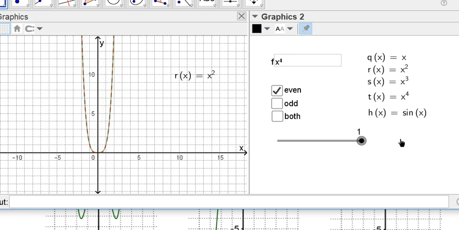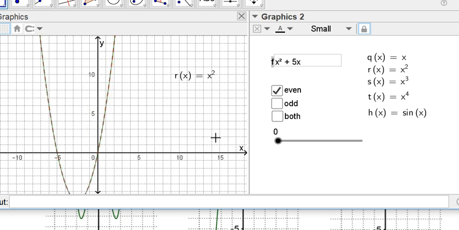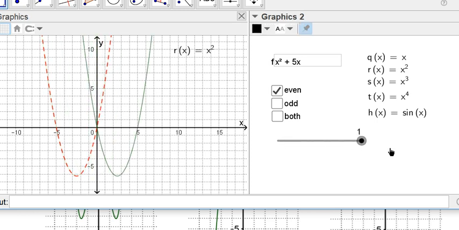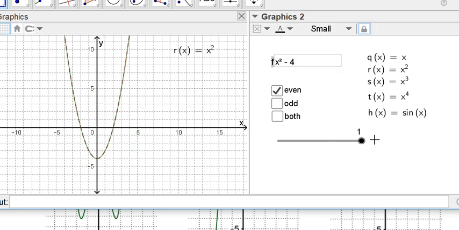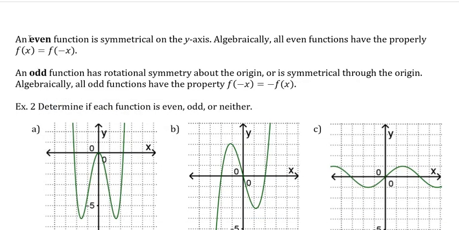Turns out it's even as well. Now, if I change x squared, if I do like x squared plus 5x, see, if I rotate it, it doesn't map back onto itself. So that's just the parent function of a parabola. Once you add transformations, plus 5x, something like that, it may or may not be. Some of them are, some of them aren't. If I did minus 4, that one is. That's an even function. Even function is symmetrical on the y-axis.